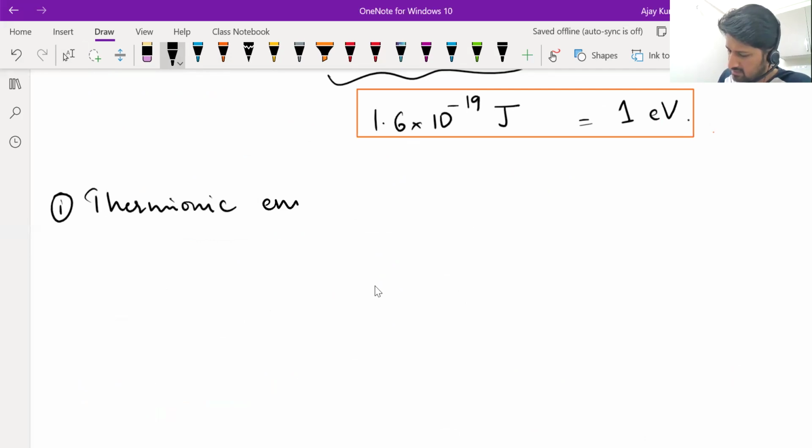As the name suggests, it is nothing but electron emission due to heat. You just heat the metal surface, and at a certain temperature the electrons will have sufficient energy to overcome the attraction of the positive charge and escape the metal surface. Okay, so basically this is electron emission due to high temperature.